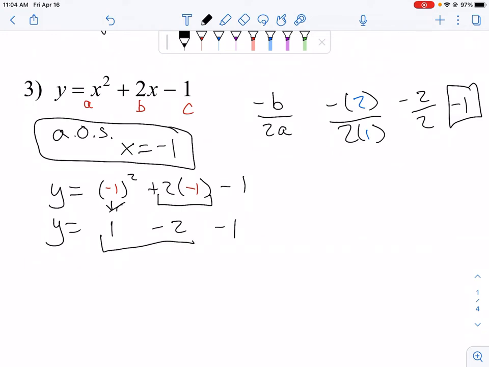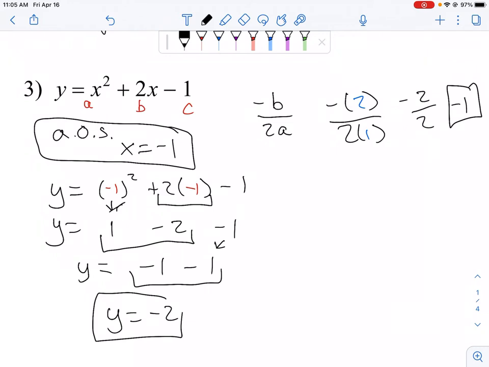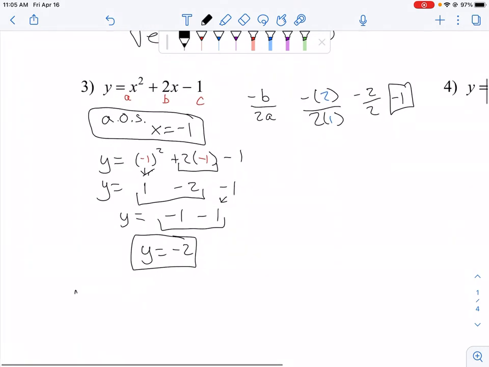And then I'm going to put these together. That's going to give me a negative 1. And then I'm going to put these together, and that's going to give me negative 2. So we write our vertex as x is negative 1 and y is negative 2.